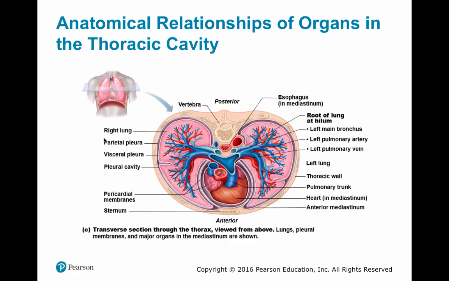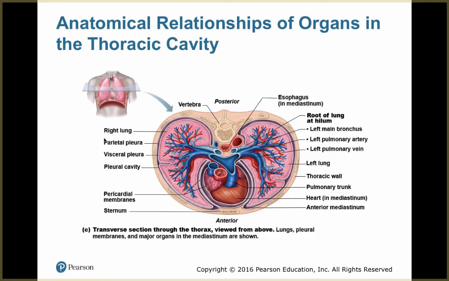And so you can kind of see it on here a little bit. You can see this is the thoracic cavity, and you can see that lining right here; that essentially is going to be the parietal pleura. If you look here, that's the visceral.